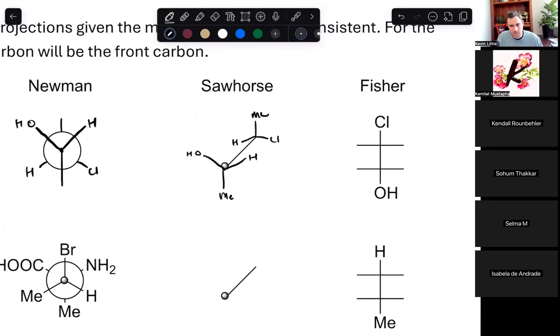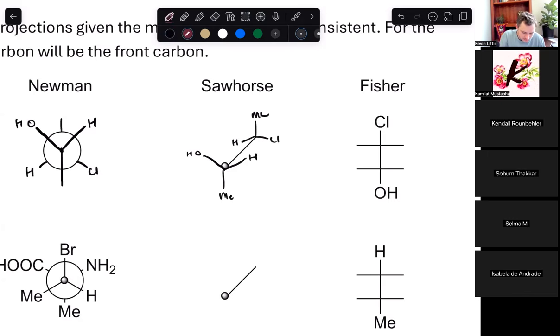If you're still having trouble with it, I might go back through and force yourself to do that first method that's a little bit more concrete, where you take a sawhorse, make sure it's rotated the right way around, and you spin bonds so you can get the right orientation. So I'm going to just do it my method here.